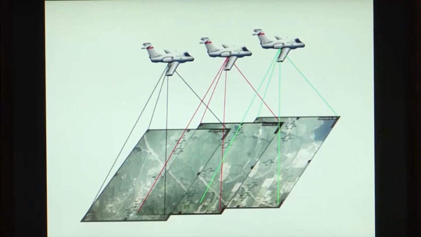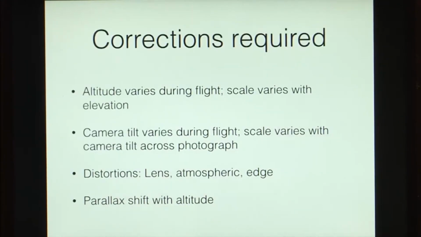So, if we looked at an aeroplane that is taking pictures of the ground, here we can see three images. In these three images, some portion is common between two images and some new portion is taken in every situation. So, there are a number of corrections that are required in photogrammetry.